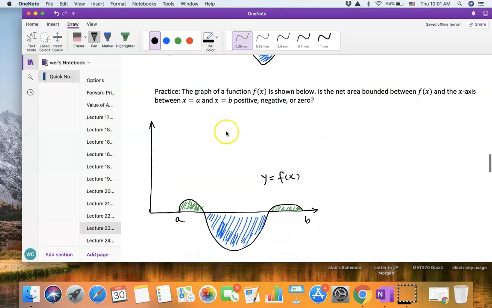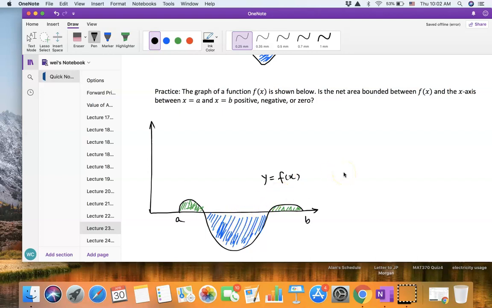Okay, now let's take a look at this one. Here we are given the graph of a function f(x). We want to determine whether the net area is positive, negative, or zero. If we compare the area of the regions above the x-axis with the area of the region below the x-axis, we can see the green pieces, the sum of them, are way smaller than the blue piece.